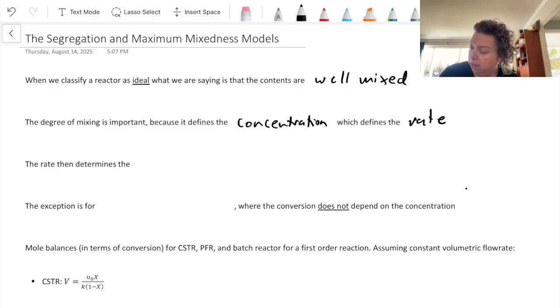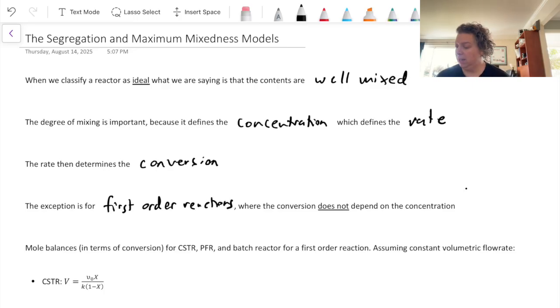And the rate defines the reactor performance, or if we're looking at a single reaction and conversion as a performance metric, it defines the conversion. The exception to this is for first order reactions. In this case, the conversion does not depend on concentration.